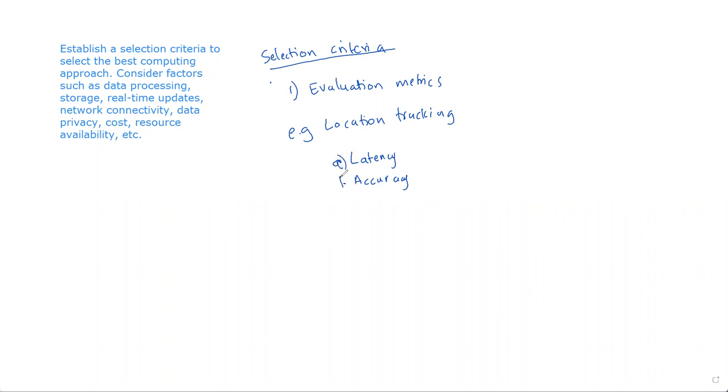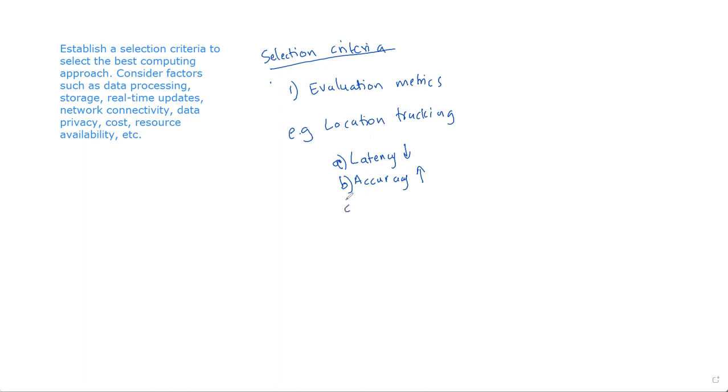Based on these, in order to make the latency lower and accuracy higher, we can take this as one of the selection criteria. So we want to reduce the latency and increase the accuracy. Based on these two factors, we can select a certain computing technology to use in our application.